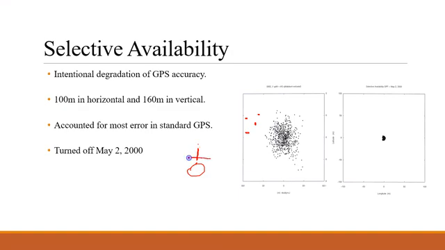For example, if someone is standing here, it will show you a position 100 meters to the left or right. In the vertical position, the real position of the object is this one, but it will show the object 160 meters above the earth's surface.